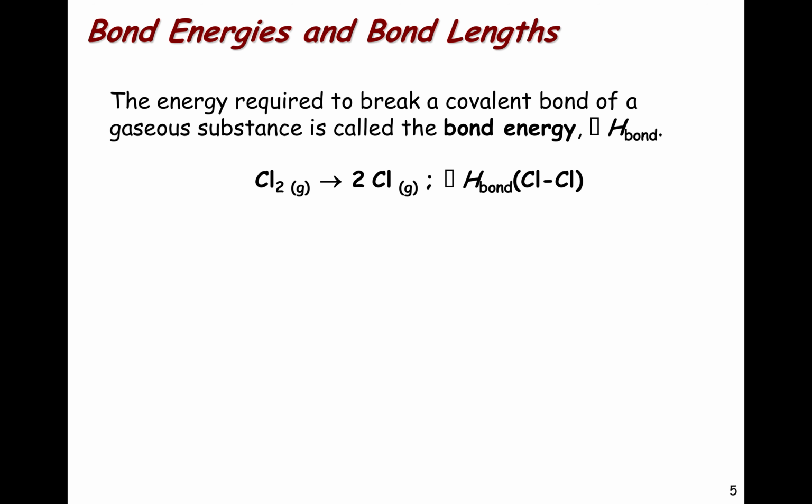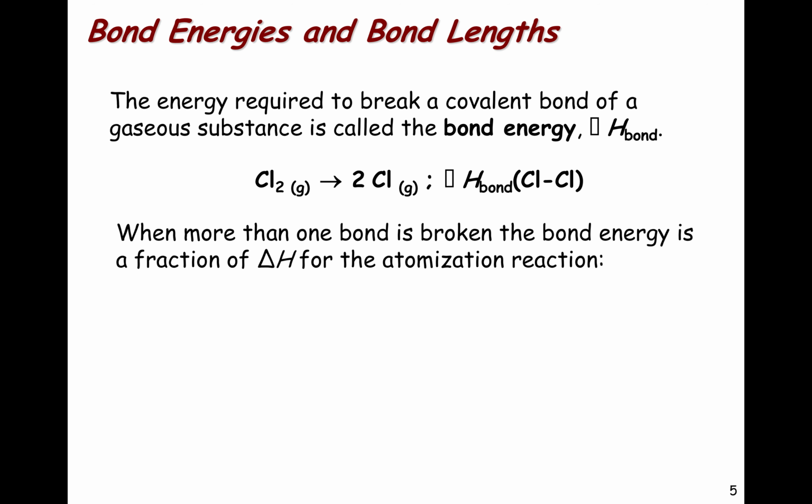So, for example, if we take an element such as chlorine, which has a single bond between the two chlorine atoms, and break those two atoms apart and figure out the amount of energy it took to do that, this would represent the bond dissociation energy for chlorine.